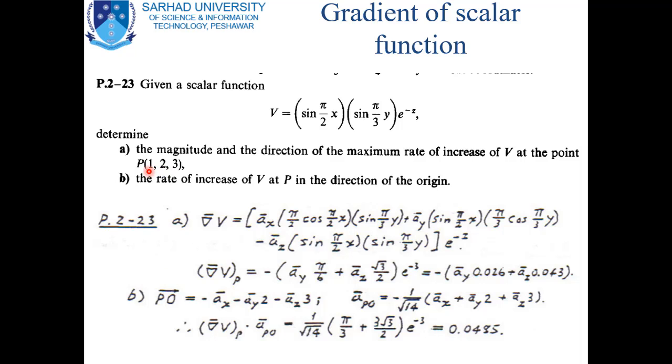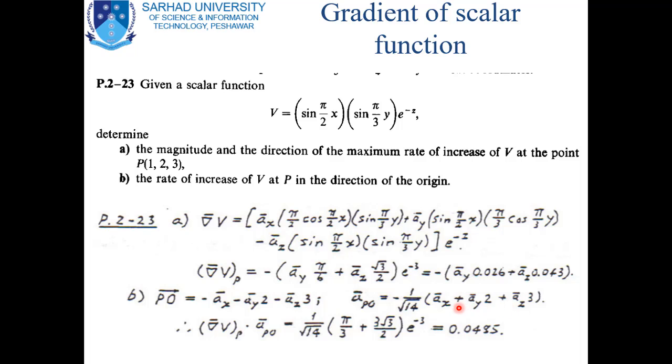So 0 minus 1 into ax plus 0 minus 2 into ay plus 0 minus 3 into az. So we will have minus ax minus 2ay minus 3az. And the unit vector of this vector is minus 1 divided by under root 14 into ax plus 2ay plus 3az.